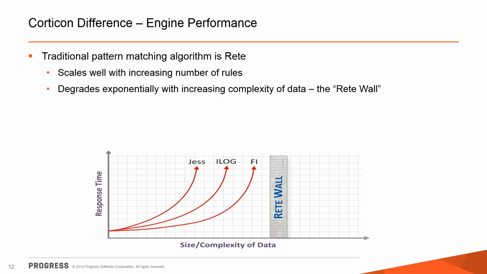And what that algorithm typically does is, at runtime, when you want to execute the rules, this algorithm looks at the data and tries to do some pattern matching, some inferencing logic to figure out what's the sequence of execution in which I should execute the rules.